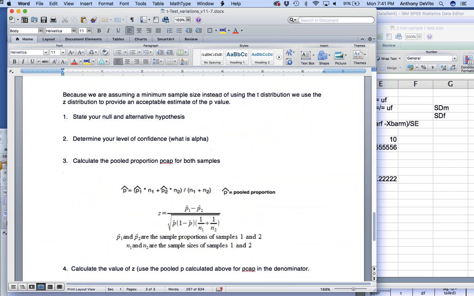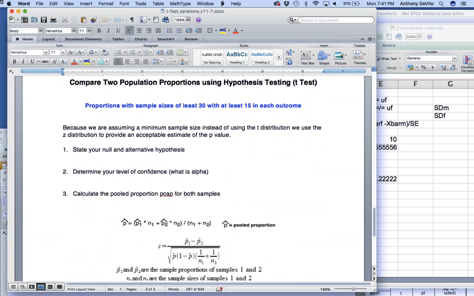Okay, so what about proportions? What if we want to compare two proportions, like the proportion of people voting Democratic versus the proportion voting Republican? There are a couple of other parties involved as well. If we take a random sample of people and ask them which way they are voting, we might have 43% Democrats, 42% Republicans, and so on.